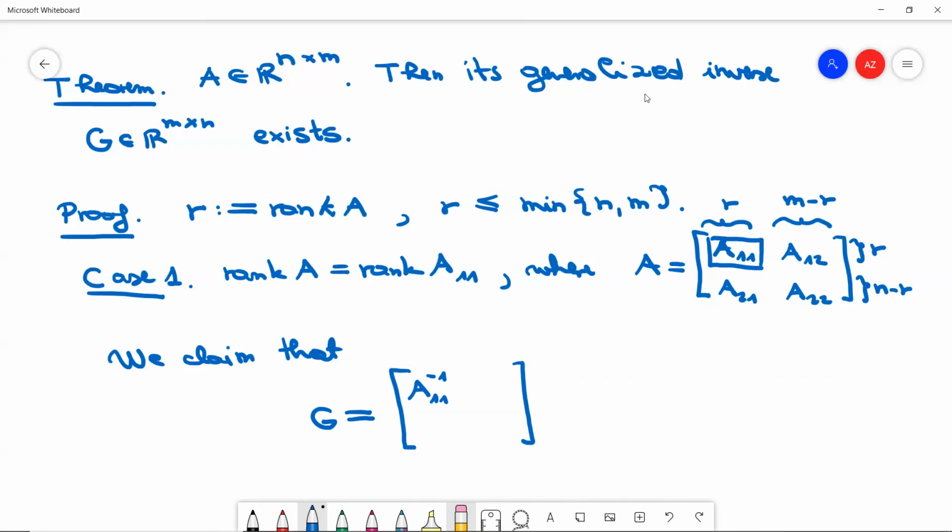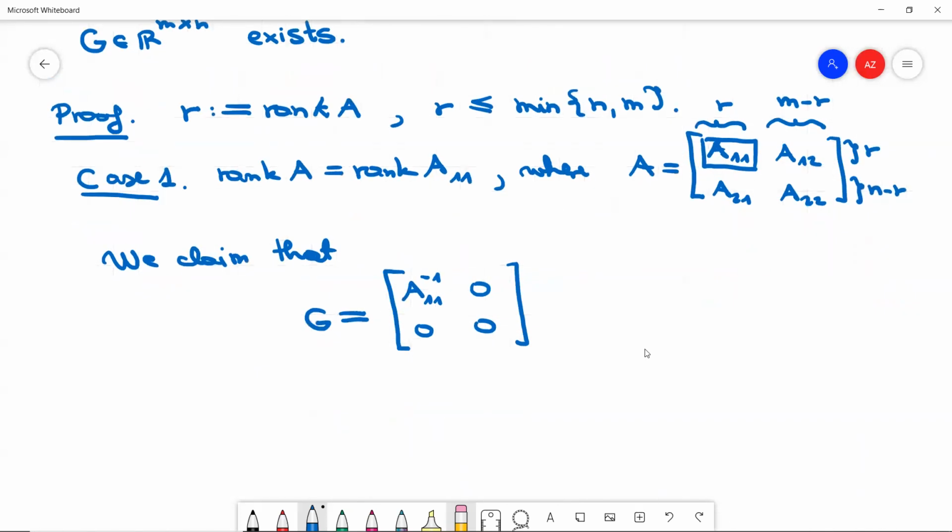So let's try with the trivial matrices, so 0, 0, 0, and we will then correct if necessary. So we claim that G is a candidate for a generalized inverse.